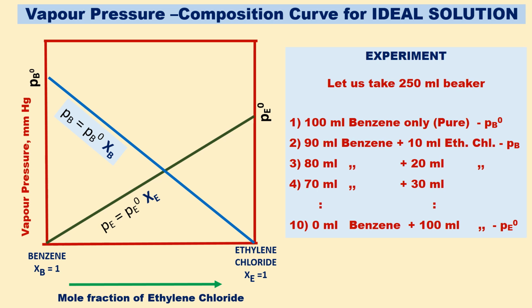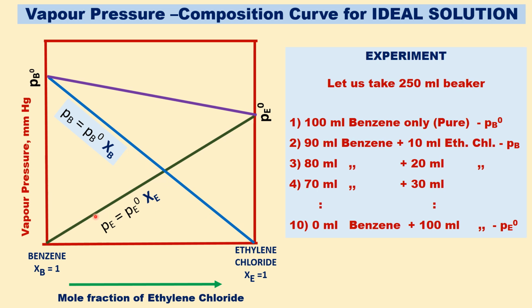Now this is the total vapor pressure. For example, take the second one, 90 ml of benzene. We have measured the partial pressure of benzene, and now let us measure the partial pressure of ethylene chloride. Then you plot this. In this plot, we have taken only the partial pressure of benzene.